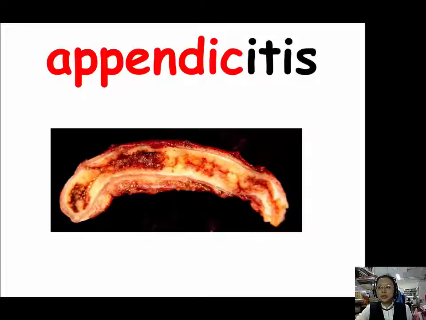But one third to a half of persons do not have these typical signs and symptoms, so we should be really careful about appendicitis, because if the appendix ruptures, it could become a very serious medical condition.